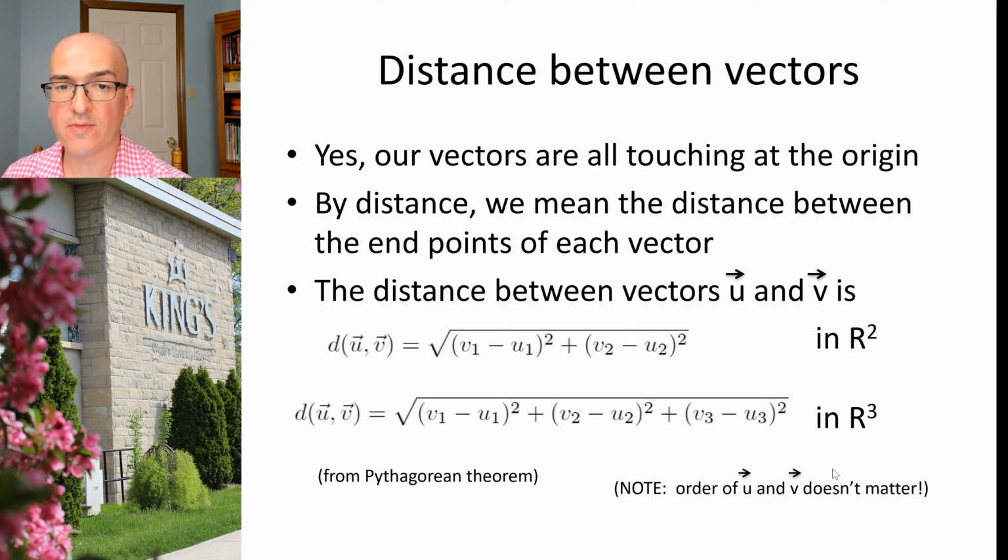In 3D, we'll also have a z part. So we'll have v1 minus u1 squared plus v2 minus u2 squared, so the x part, the y part, and then the z part, the z component of the vector minus the z component of the other vector, all squared.